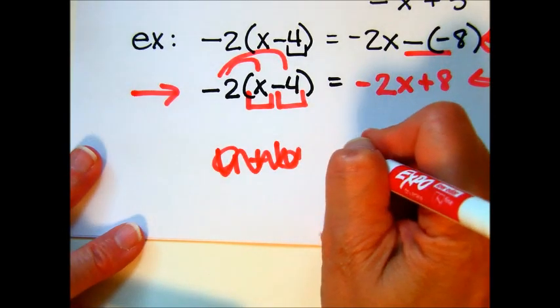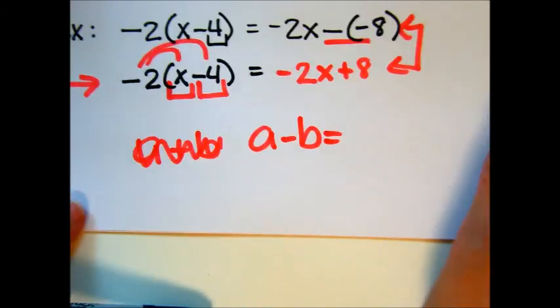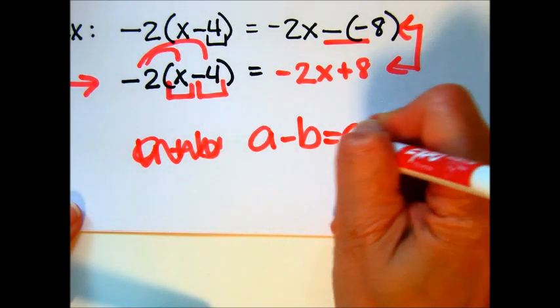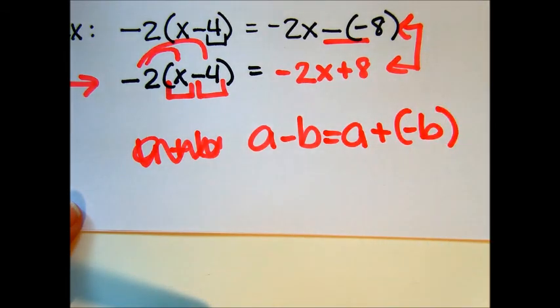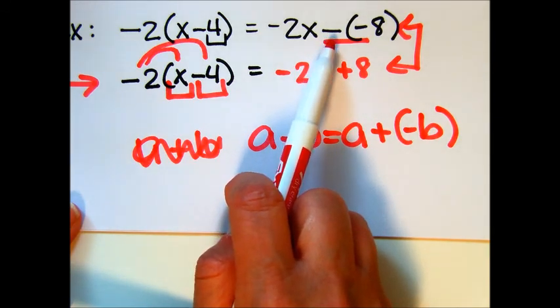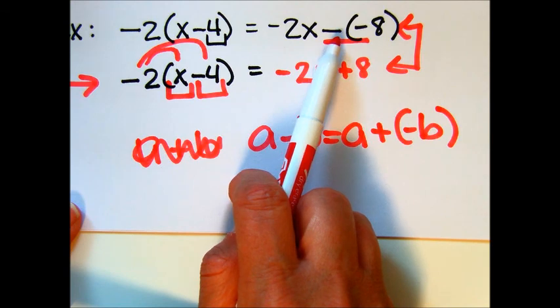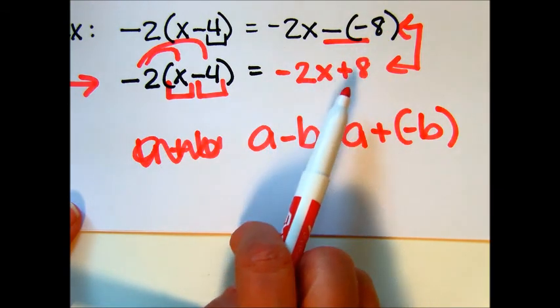So say it was A minus B, and you wanted to change it to addition, you would write A plus the opposite of B. Okay, so if I were to make this into addition, we would change the sign to addition and write the opposite of this b term, which would be a positive 8. And that's what we have here.